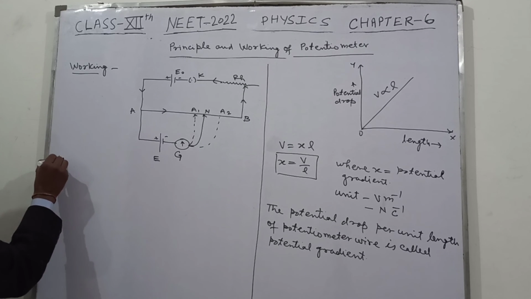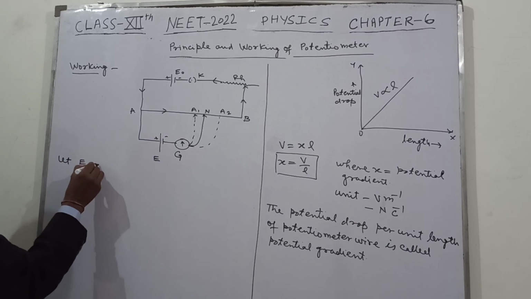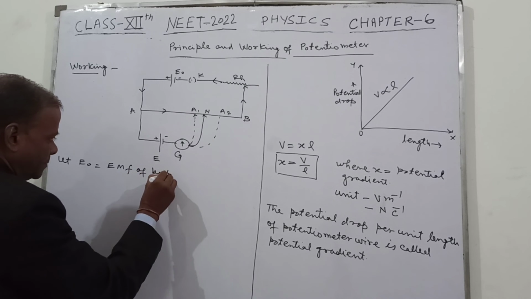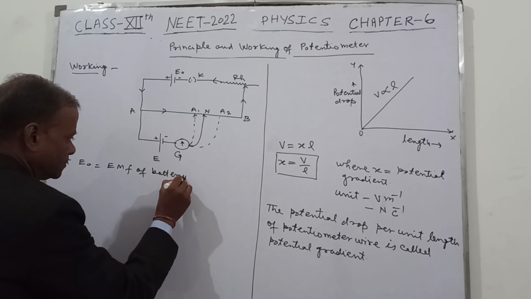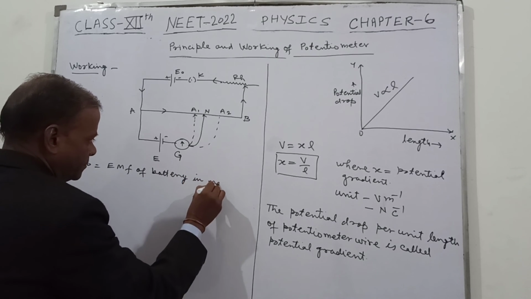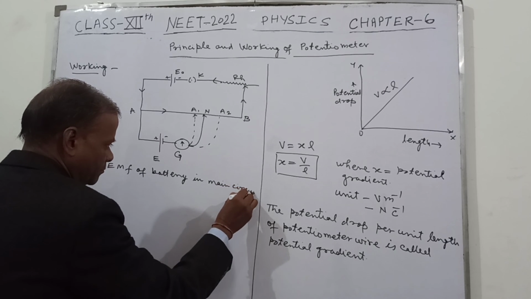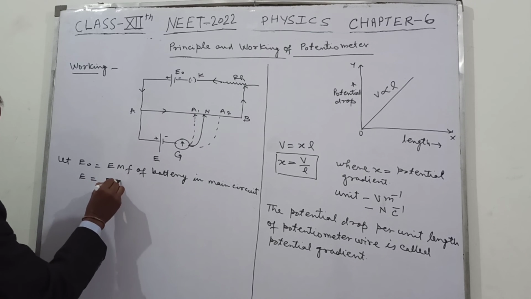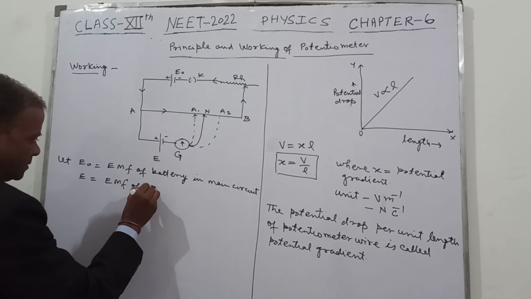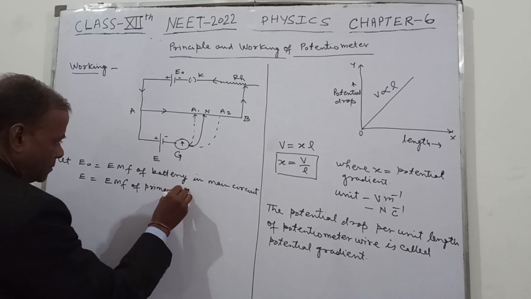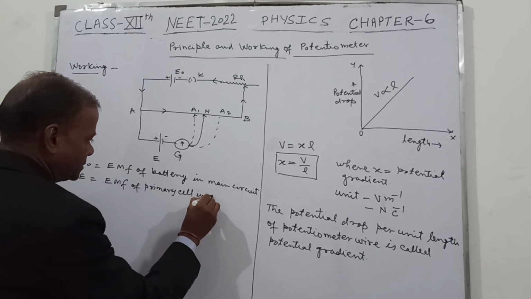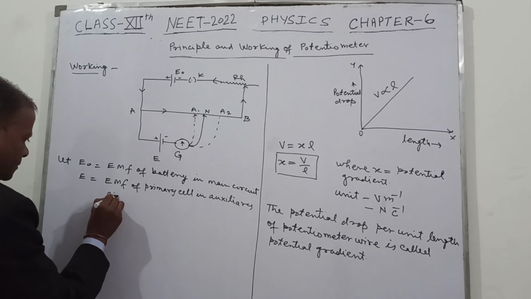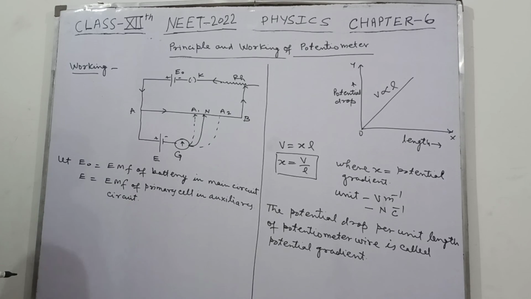So let E naught equal the EMF of the battery in the main circuit, and E equal the EMF of the primary cell in the auxiliary circuit.